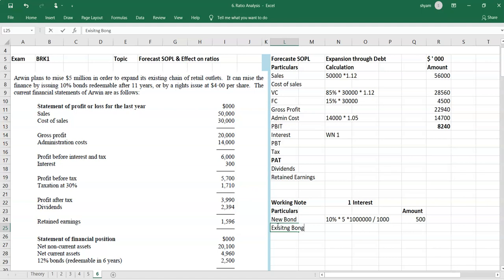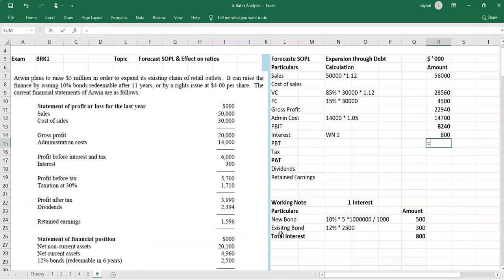The existing bond, we have to price it. The existing bond is a 12% bond, which we don't need to convert into 1000 because it is already converted. So this is the total interest, which comes to 800.